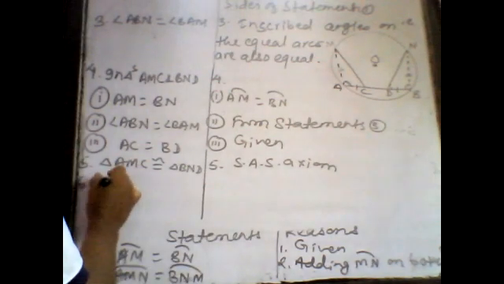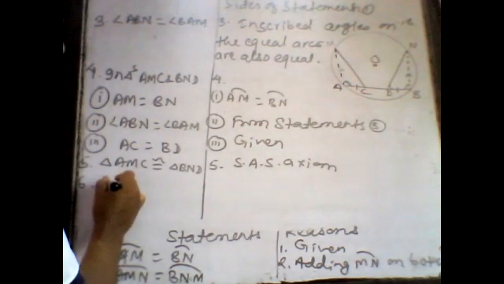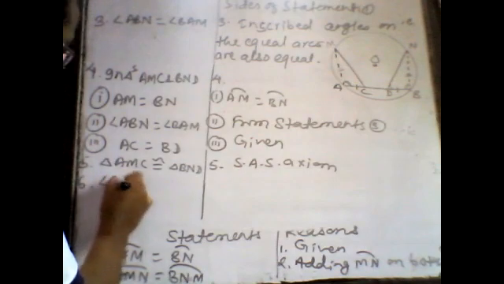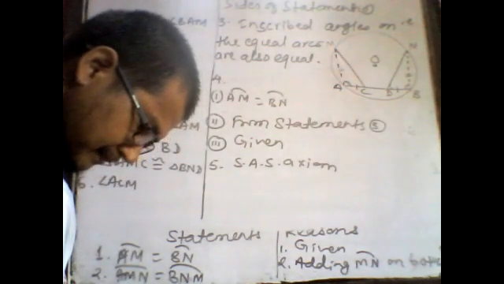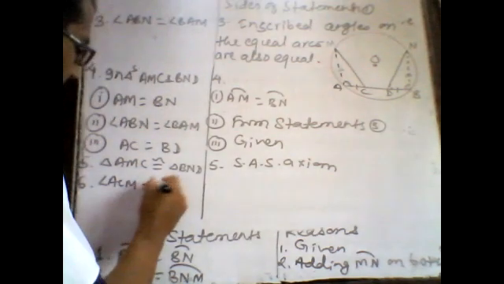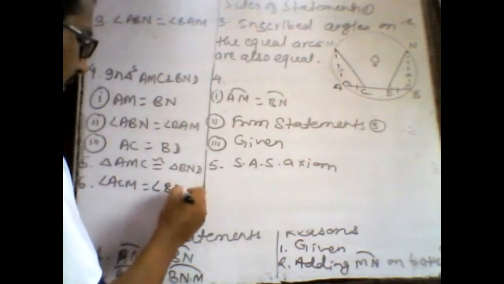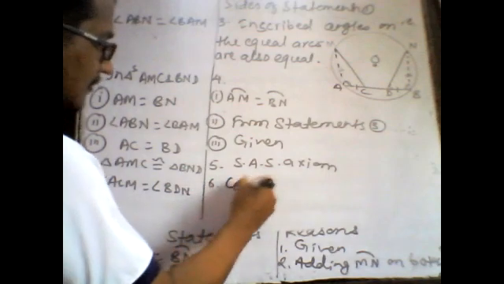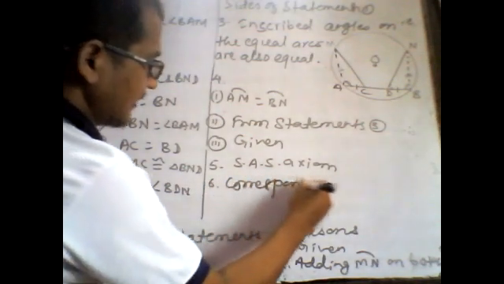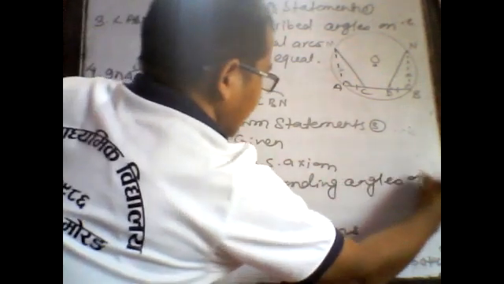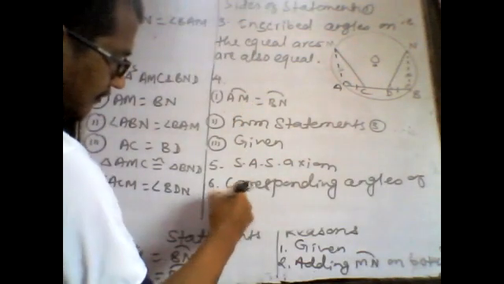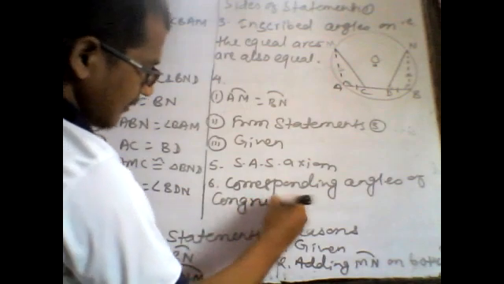Number 6, angle ACM equals angle BDN. Reason: corresponding angles of congruent triangles are equal.